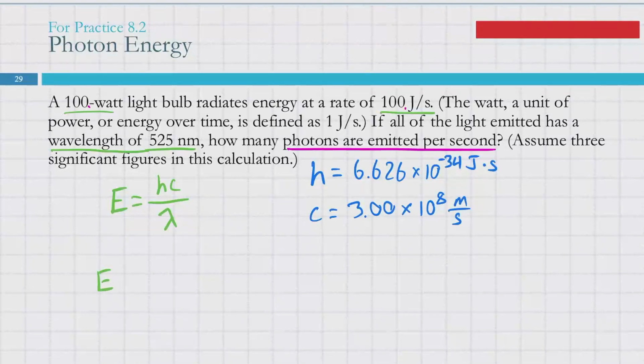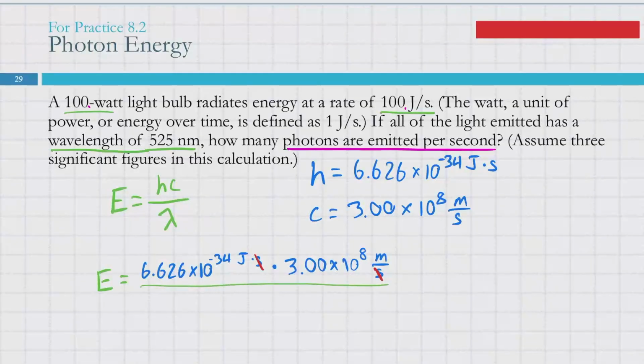So our energy, again, this is for one photon, one packet of light, is 6.626 times 10 to the minus 34 joule seconds times c, which has units of meters per second. So on the top, the seconds will cancel out.